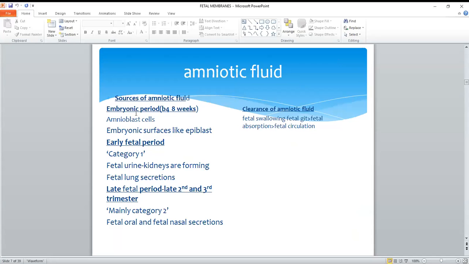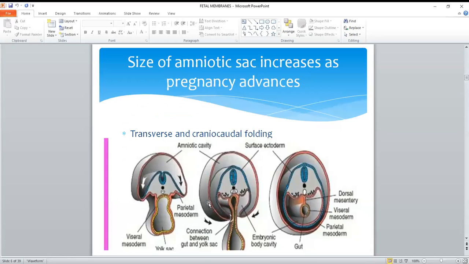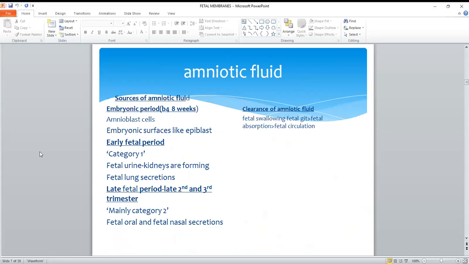In the embryonic period, before 8 weeks, it's the amnioblasts, these ones now are the ones that are secreting the amniotic fluid, along with the embryonic surfaces. Before 8 weeks, only these two things are secreting the amniotic fluid.